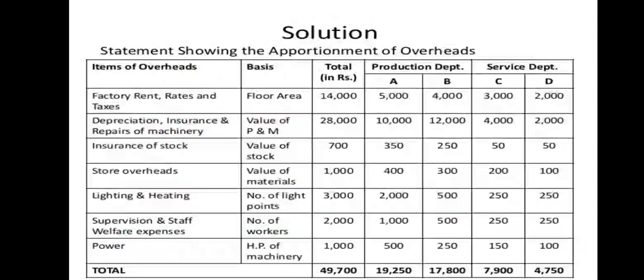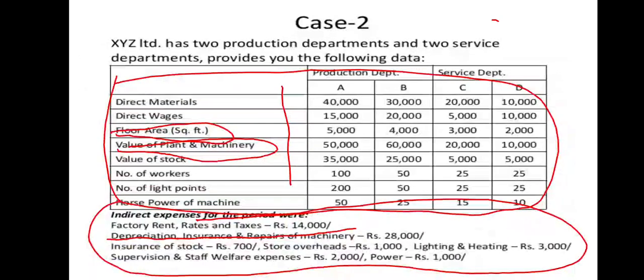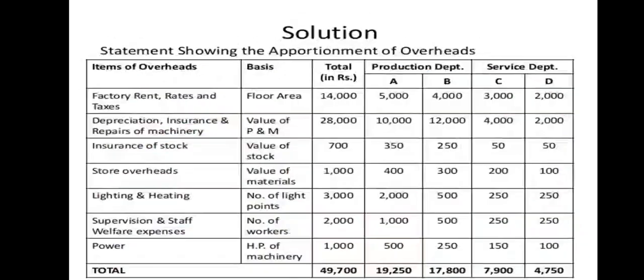Next, supervision and staff welfare expenses, where the apportionment is based on number of workers. Total amount is 2,000 and the number of workers given is 100, 50, 25, 25. So 4:2:1:1. So we need to take 1,000, 500, 250 and 250. Power, obviously based on horsepower of machine, so no need to tell you.